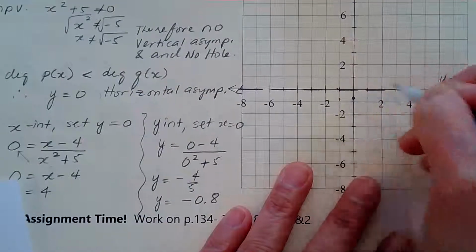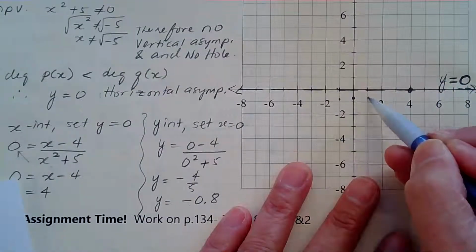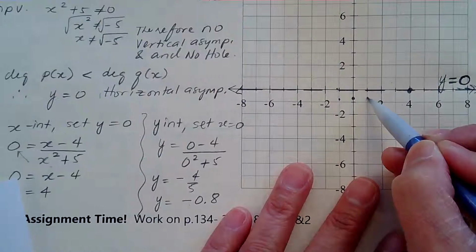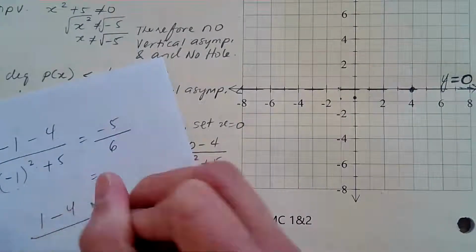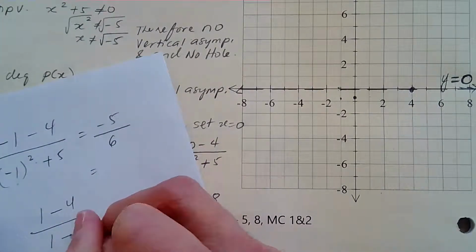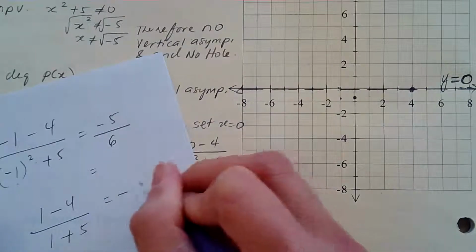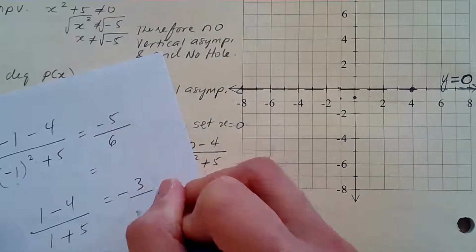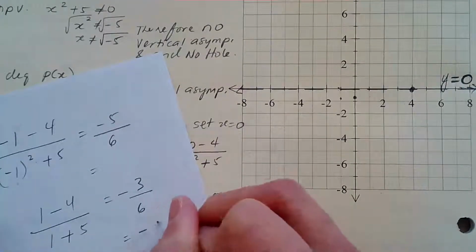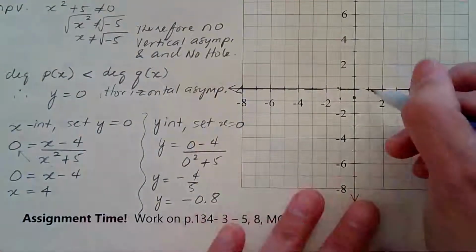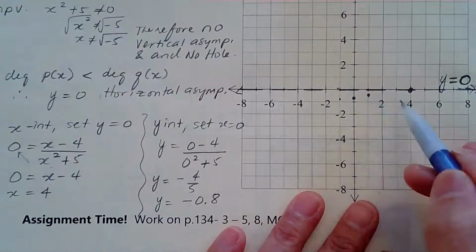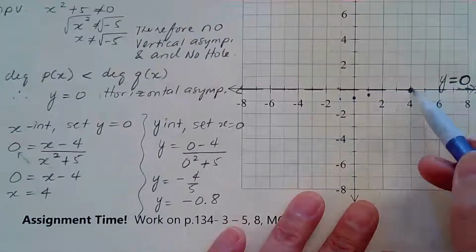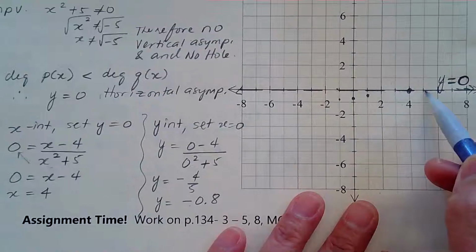Now let's take a look at if x is positive 1, what would it be? Negative 3 over 6, which is negative 0.5. Okay, good.